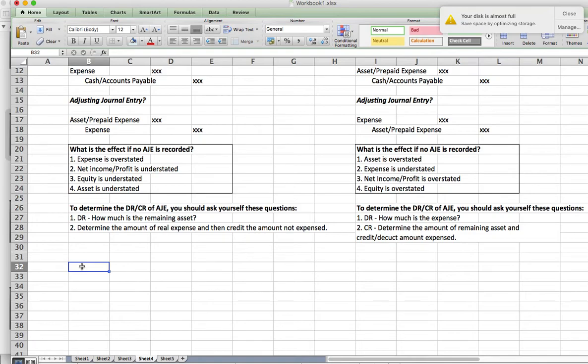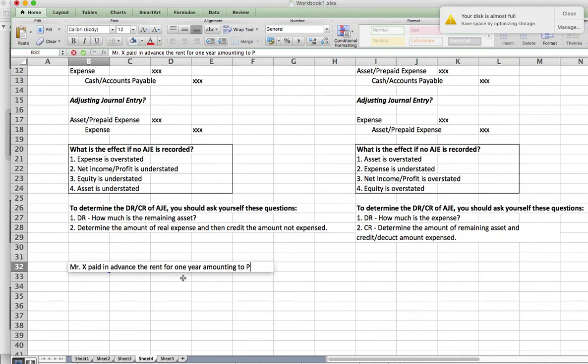Example lang, kunwari, walang pandemic, di ba? Mag-dorm naman talaga kayo. So, let's say that Mr. X paid in advance the rent amounting to, sabihin natin ang 1 year rent mo ay kung 10,000 sa isang taon, sabihin natin 120,000 pesos on August 1, 2020.